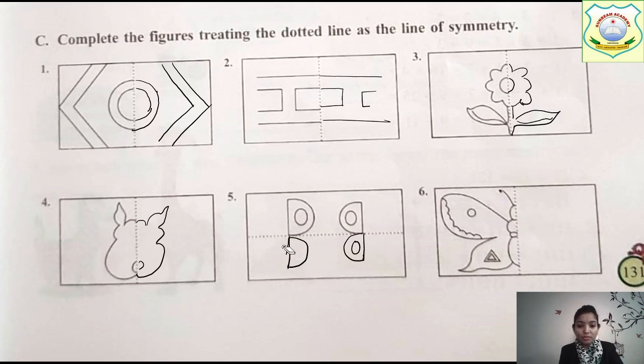Let me erase this one. Now just draw, this will be the bigger one. Okay, now you can see, now the butterfly, you have to make it the same as it is, right?